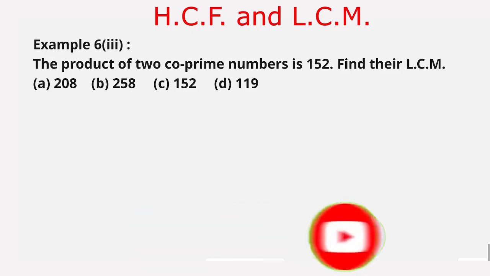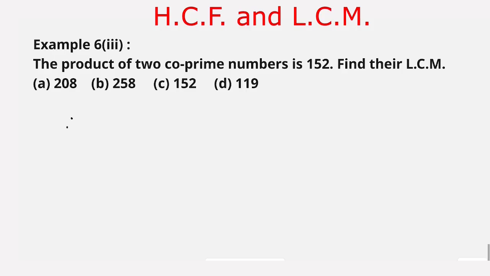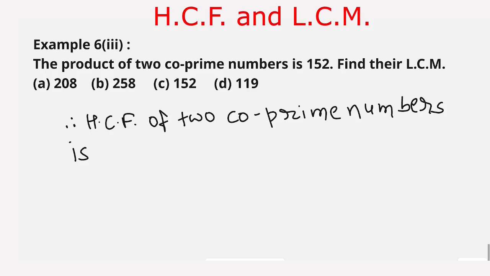We know the property of co-prime numbers. If there are two co-prime numbers, then their only common factor is 1. Therefore, the H.C.F. of two co-prime numbers is equal to 1.